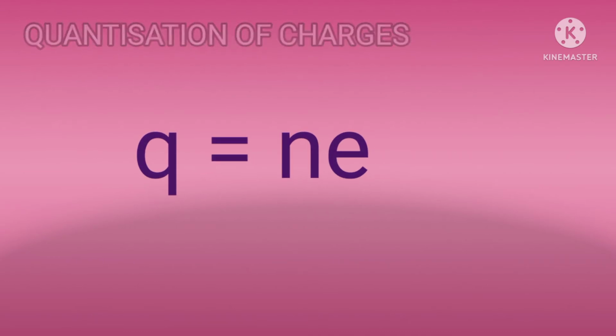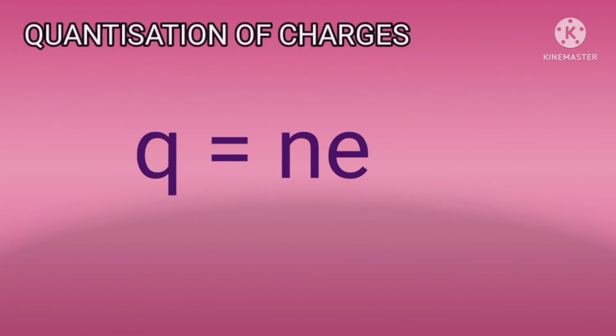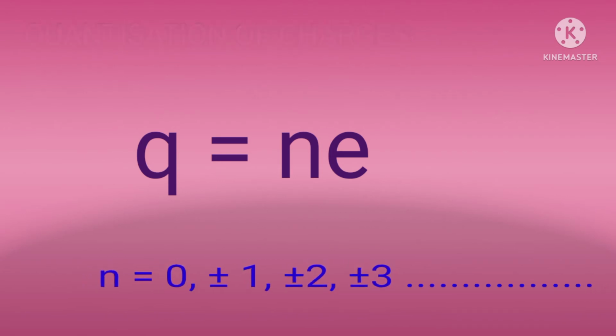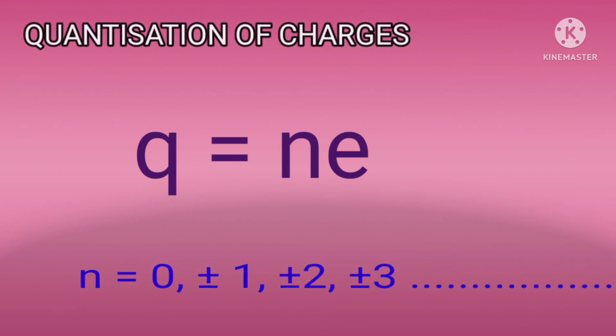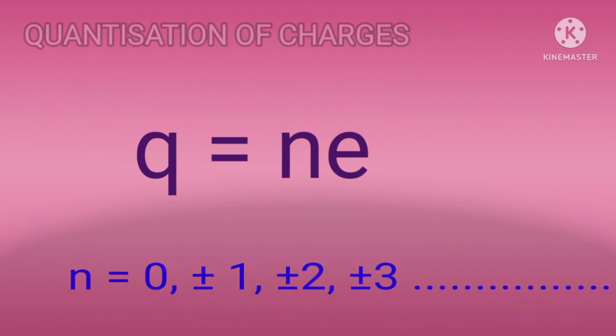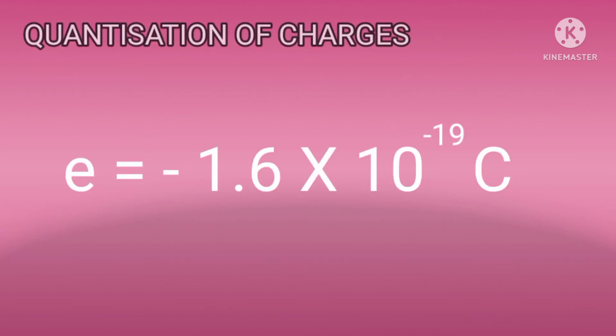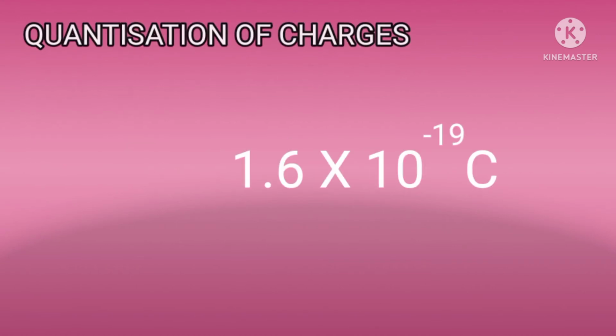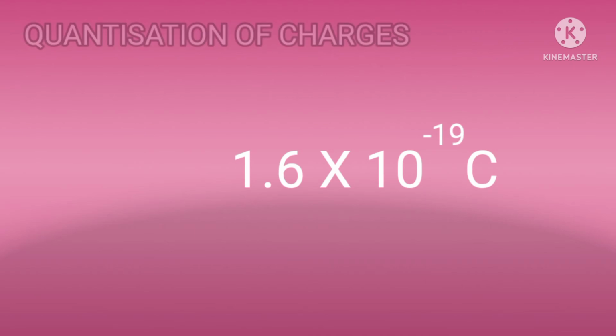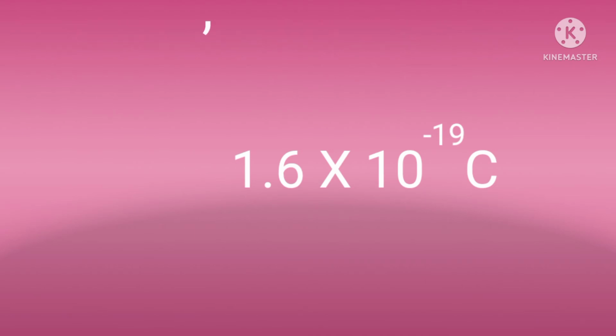That is, Q equals n e, where n is an integer having values 0, plus or minus 1, plus or minus 2, etc., to infinity. This is called quantization of electric charge. The charge of an electron is minus 1.6 into 10 power minus 19 coulomb and the charge of the proton is plus 1.6 into 10 power minus 19 coulomb.